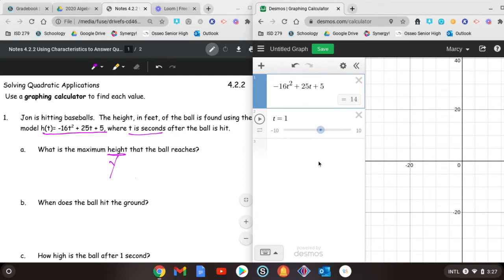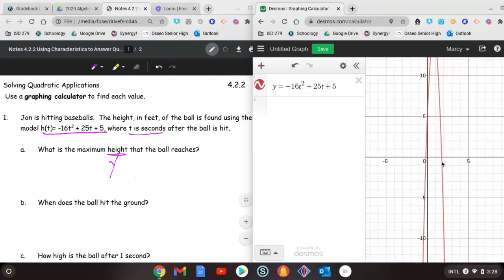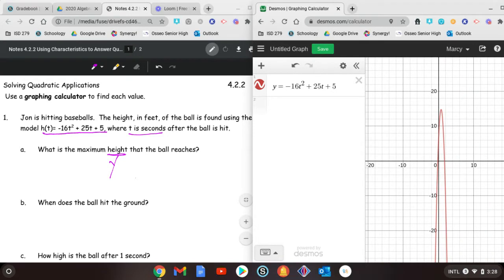We probably need them both to be the same. Again, I'm not used to Desmos, so you have to put y equals. My bad. Even teachers don't know everything. Put an equation in. You have to have y equals. And then it looks like this.